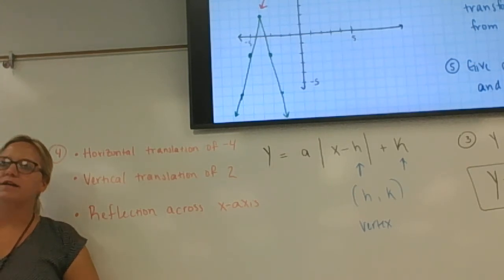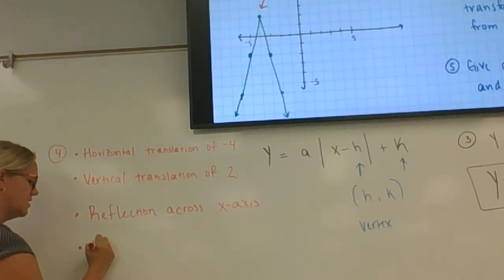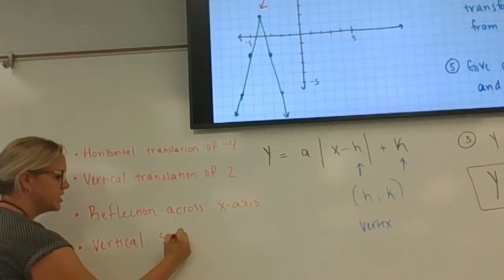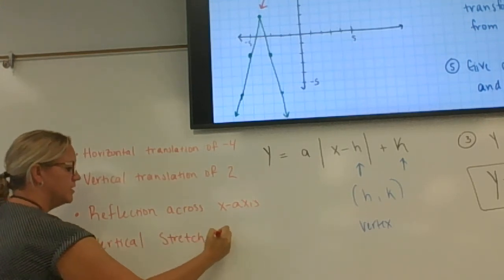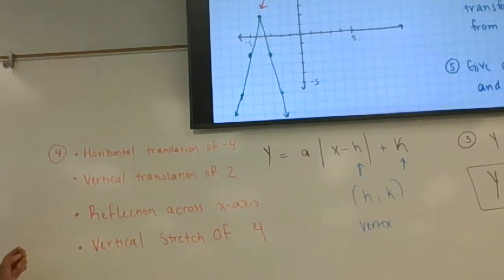Last one, what is it? Torian. I'm going to go ahead and say vertical stretch of 4. Let's talk about why I put 4 instead of -4. The negative is already described in the word reflection.